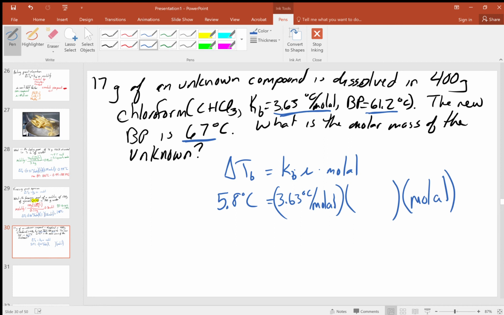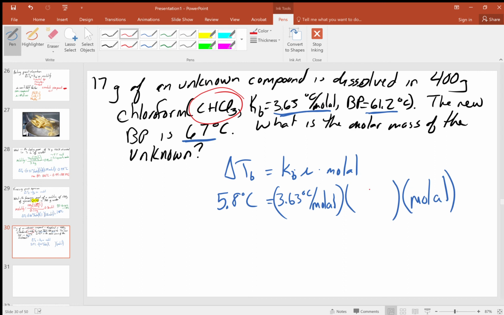Now, why is that? Well, if we're dealing with an organic solvent, it's very unlikely that an ionic compound is going to be able to be dissolved. In fact, for organic solvents, we will almost never have ionic compounds.